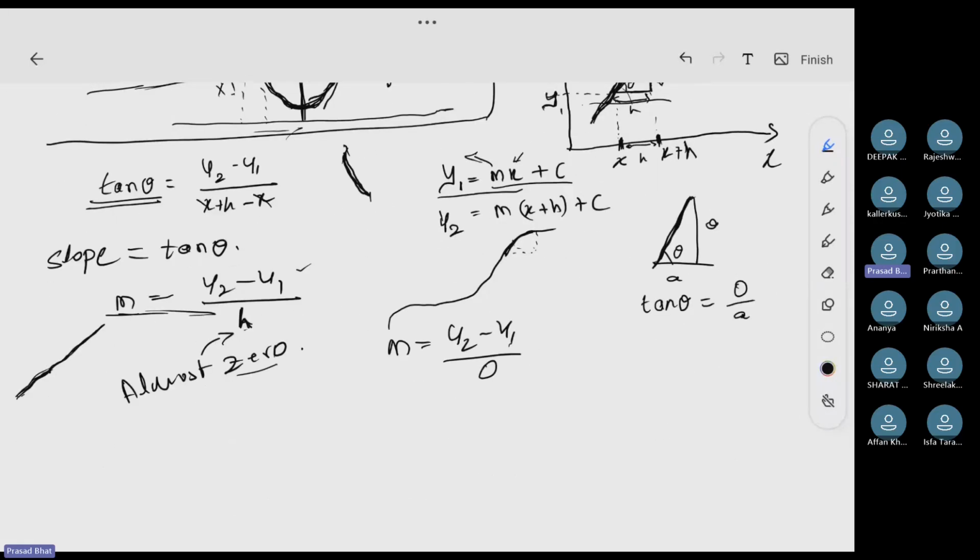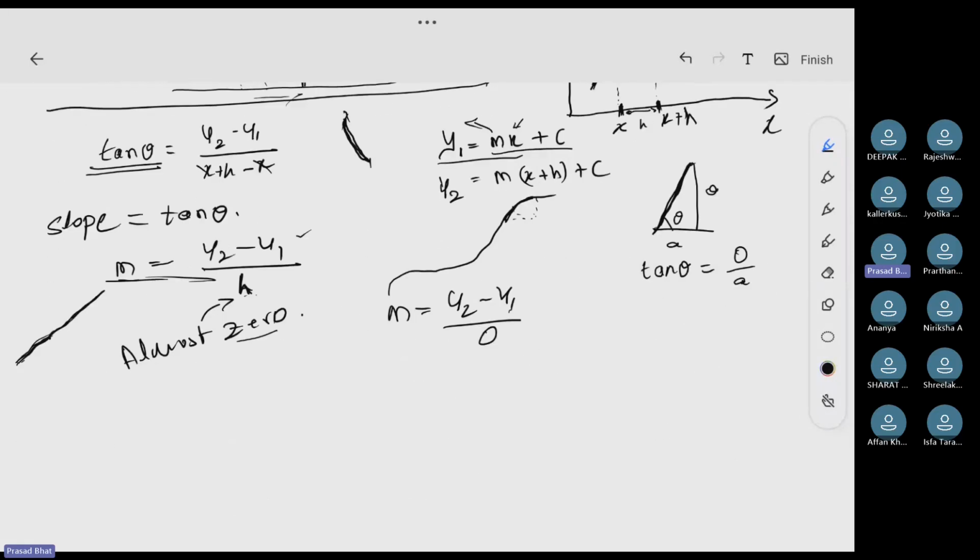Correct? So that is why we reduce the h value to almost 0 but not exactly 0, where h effectively represents a point, and at that point we need to find the change in y2 versus y1, which gives us the slope at that single point.